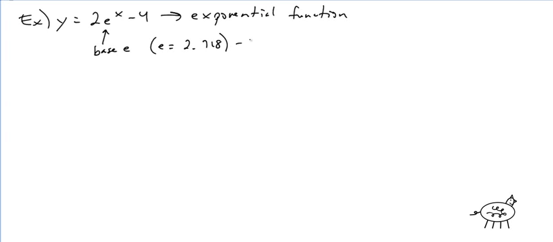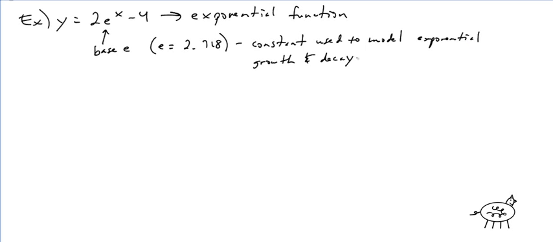Okay, and just to talk a little bit about it, it's a constant used to model exponential growth and decay, and continuously compounded interest. Okay? All right, it's not too bad.